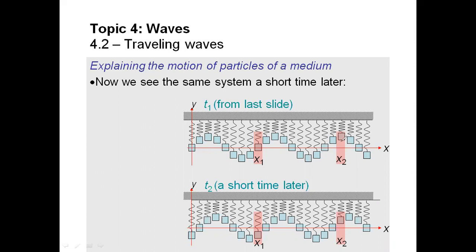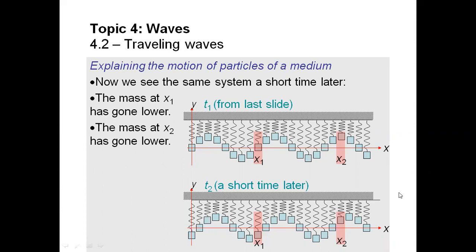And x2, again, goes down. Actually, by looking at these two graphs, we can say whether the wave is traveling to the left or right. And let's see how it happens. The mass at x1 has gone lower. Yes, we said it. The mass at x2 has gone lower too.